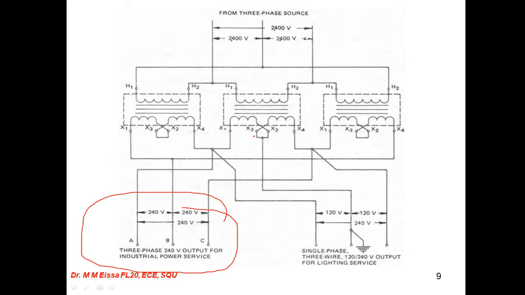So we can make multiple connections, maybe three phase, maybe single phase, single phase for 120 and 240 and 120, and sometimes we can connect it for the center tap three wire.